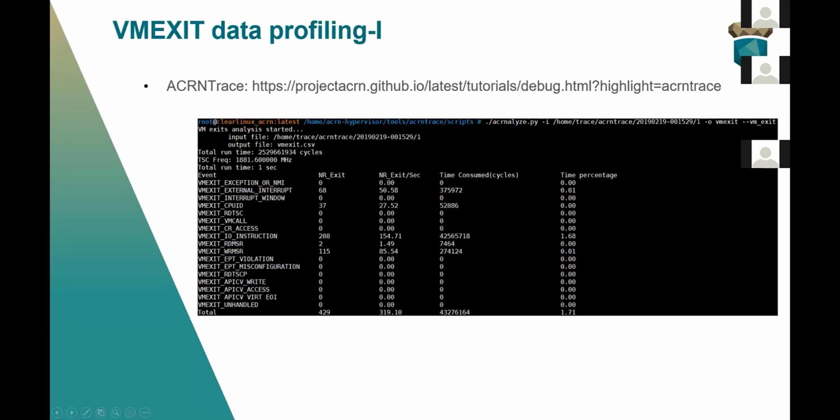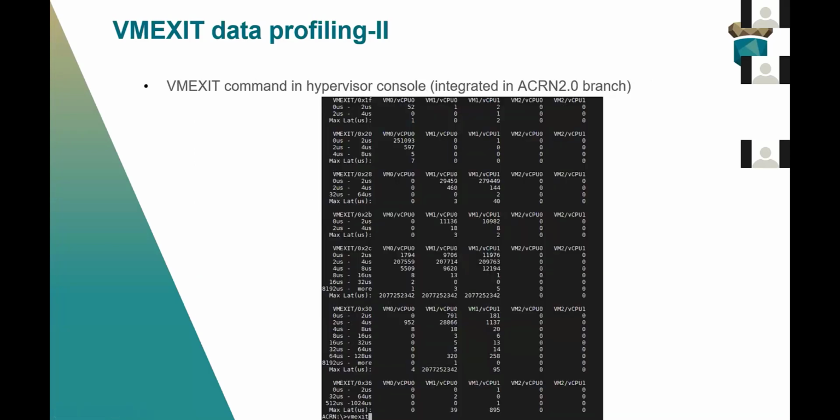Also, we can use this command in the hypervisor console. Because it is just a debug patch, we integrated it in the ACRN 2.0 branch. This command is very convenient to use.